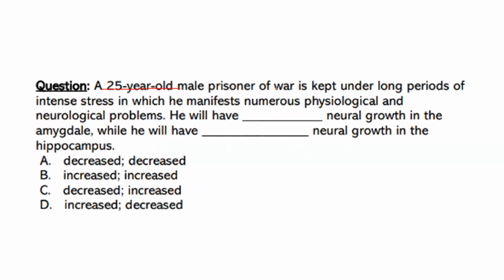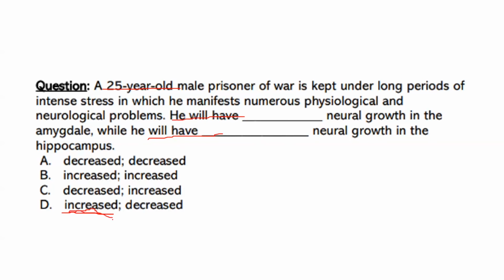A 25-year-old male prisoner of war is kept under long periods of intense stress. He has physiological and neurological problems. He will have blank neural growth in the amygdala, whilst he will have blank neural growth in the hippocampus. Since they're putting him under intense stress for a long period of time, he's going to have increased growth in the amygdala.